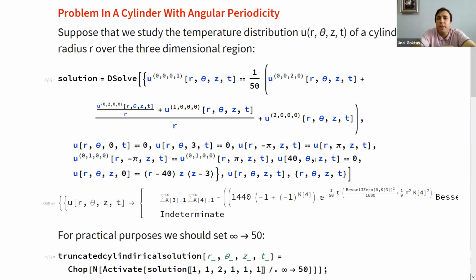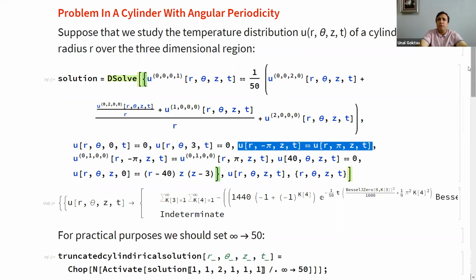Okay, the next problem is we have a cylinder with angular periodicity. So this time the boundary conditions are periodic. So here we have a boundary condition relating negative pi to pi.